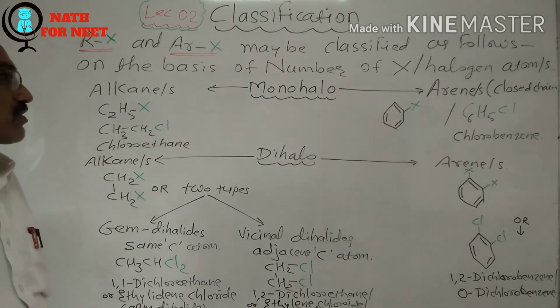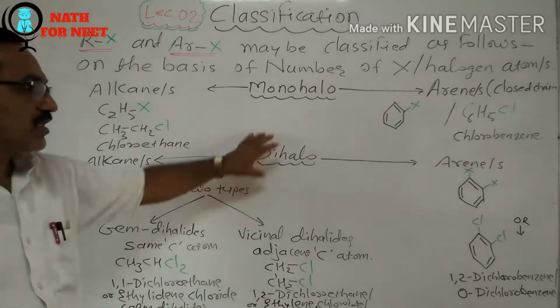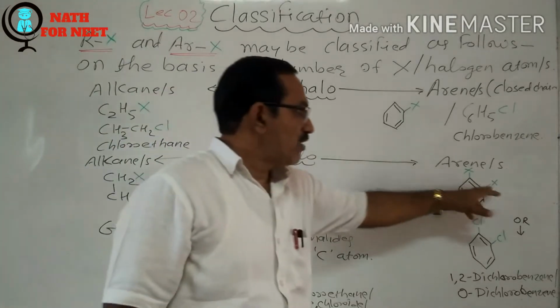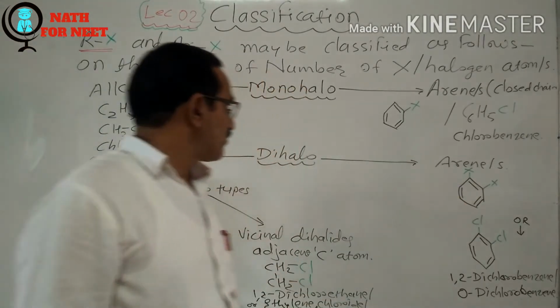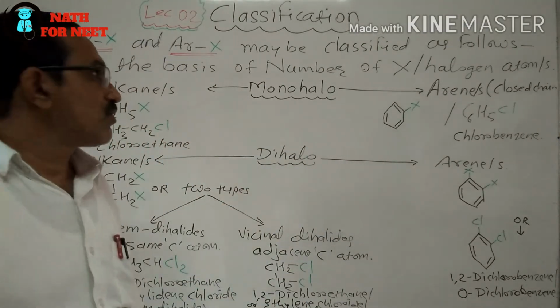And whenever haloarenes possess two halogen atoms, they are referred to as dihaloarenes, and so on.